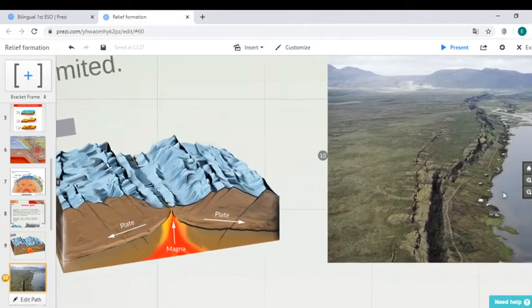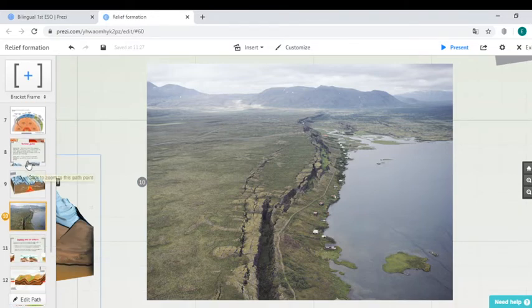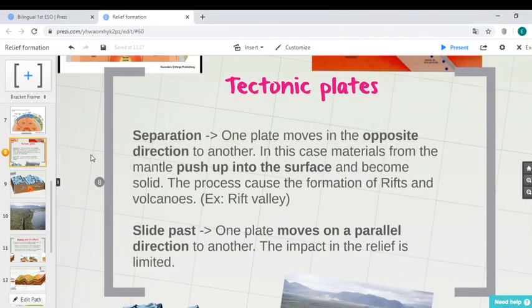This is a real example of what happens when there's a separation of plates. This is a picture of the Rift Valley, one of the most significant places on the Earth where the separation of tectonic plates caused these chasms shown in this picture. Finally, the last type of movement is to slide past.